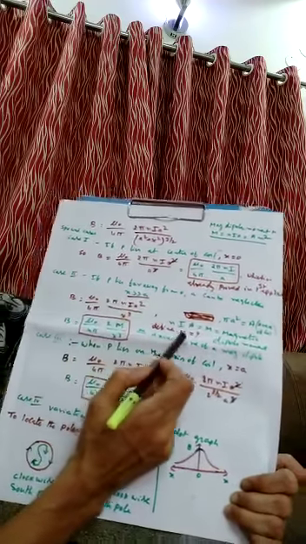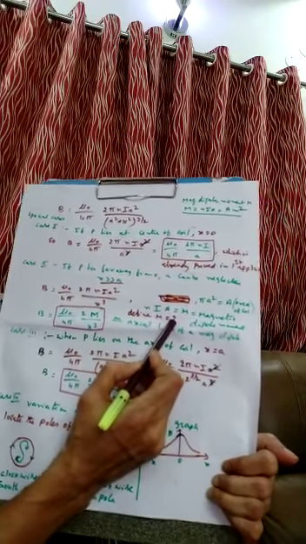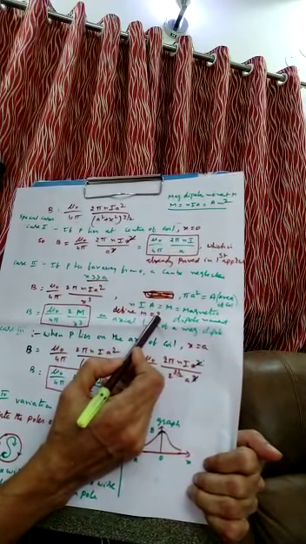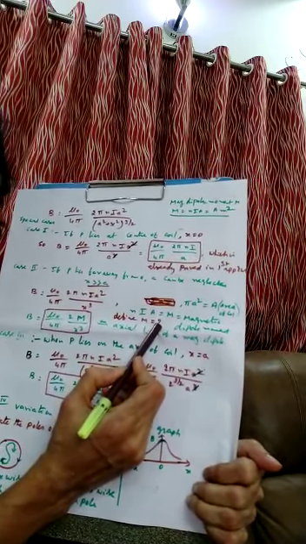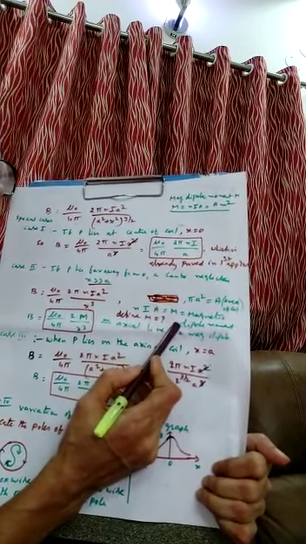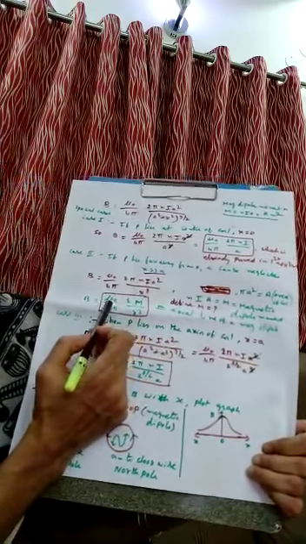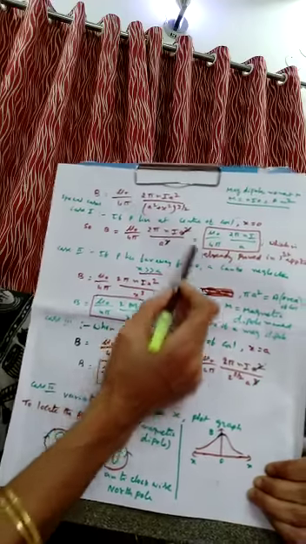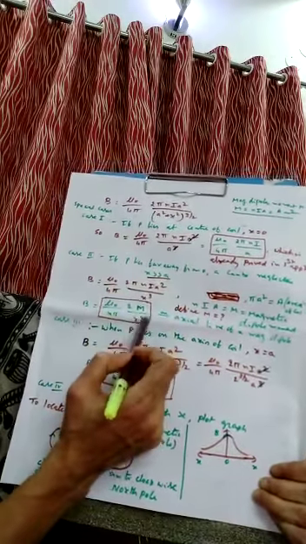What is magnetic moment? Dipole moment or magnetic moment of a magnet is nothing but number of turns of the coil into current carried by the coil into area of cross section. In that way we define. So magnetic moment here, mu naught by 4 pi, 2M by x cube.